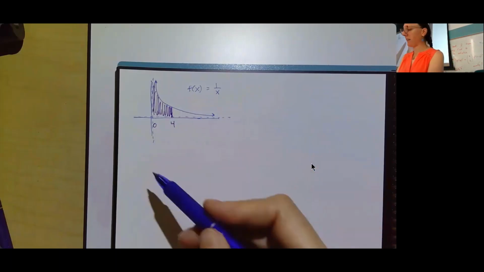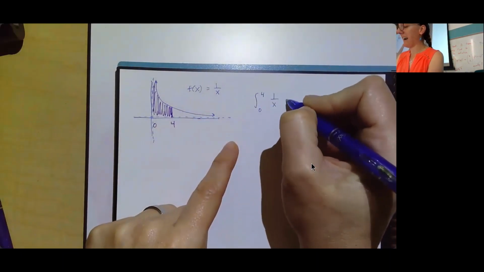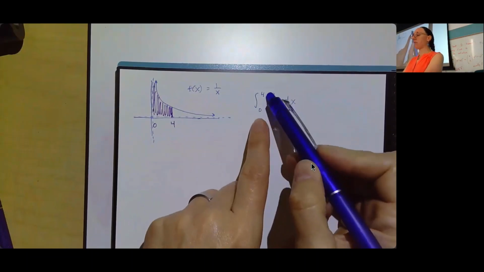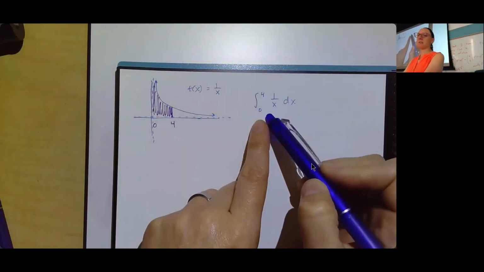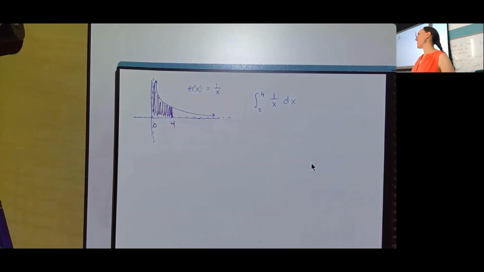So if I were writing this as the integral from 0 to 4 of 1 over x dx, from here on out, anytime you have a definite integral, you've got to pause for a second and ask, are either of those limits going to be a problem for us?